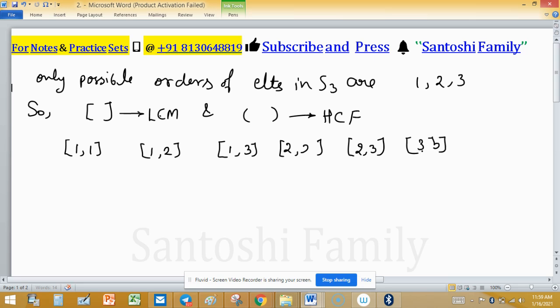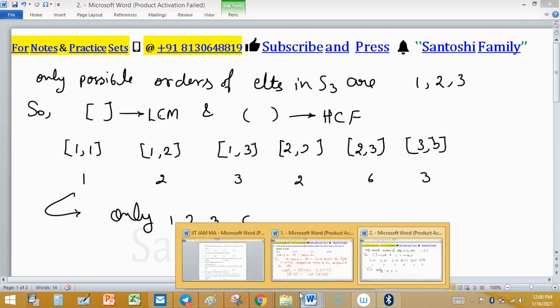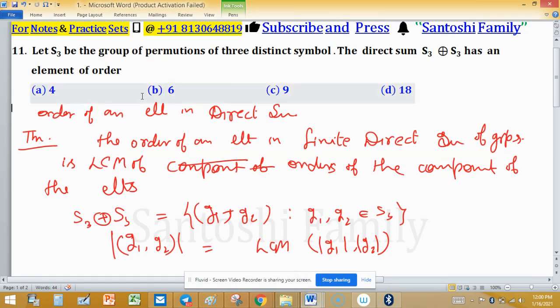Here you can check: the LCM of 1, 1 is 1, of 1, 2 is 2, of 1, 3 is 3, and of 2, 3 is 6. It means only 1, 2, 3 and 6 are possible orders of an element in S3 direct sum with S3. So which option is giving 6? Option B is right here.